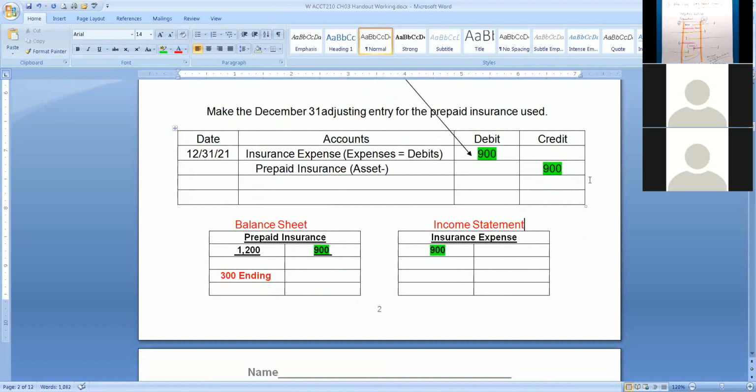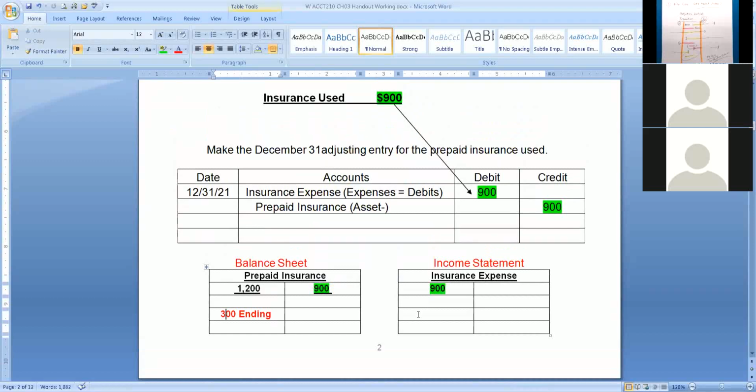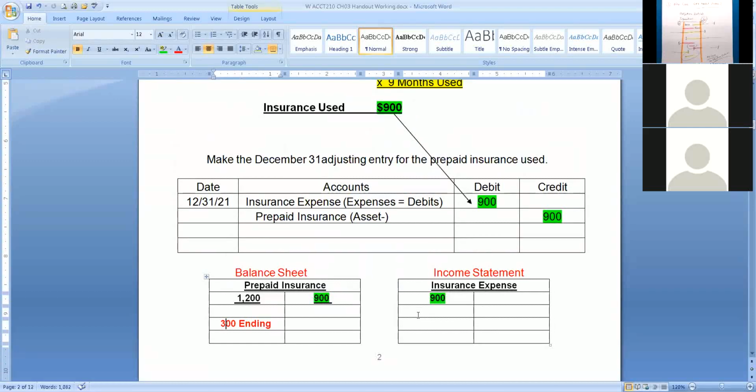We used up 900 of it. And so this 300 will go into the next year, into 2022. 300 will continue into the next year. Any questions on that?